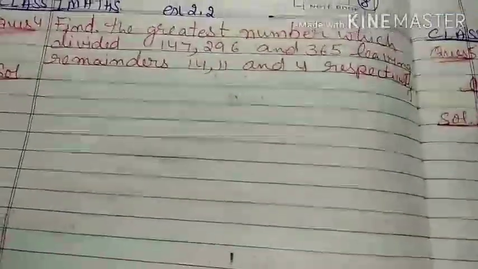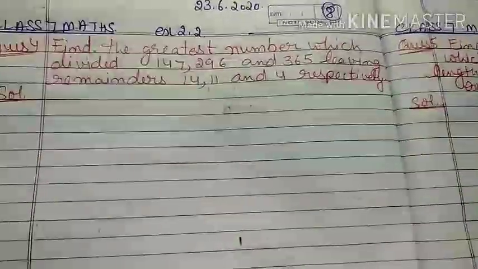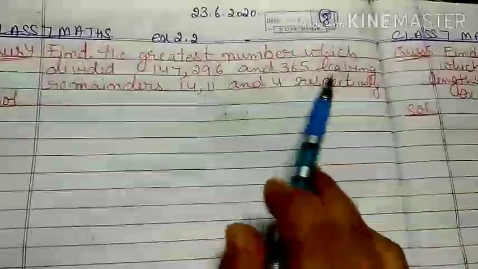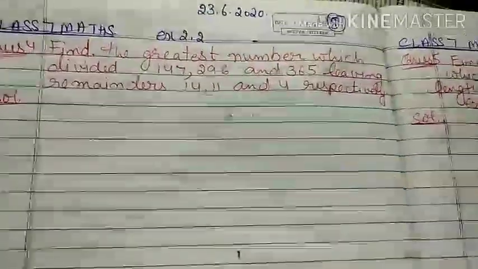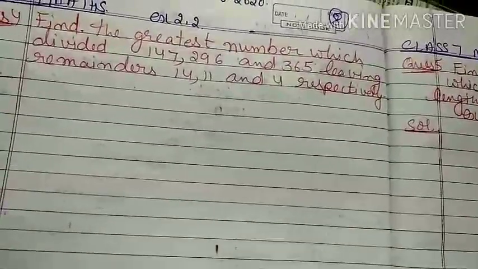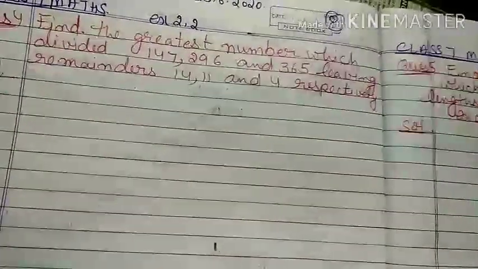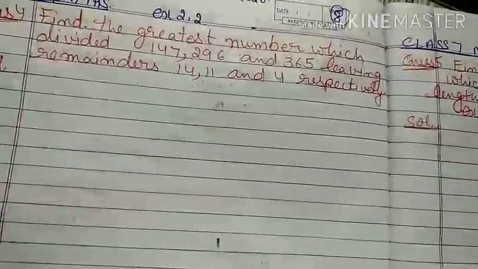Your fourth question is, find the greatest number which divides 147, 296 and 365, leaving remainders 14, 11 and 4 respectively. In this question you have to find the greatest number which divides these three numbers and leaves the remainders 14, 11, 4 respectively.